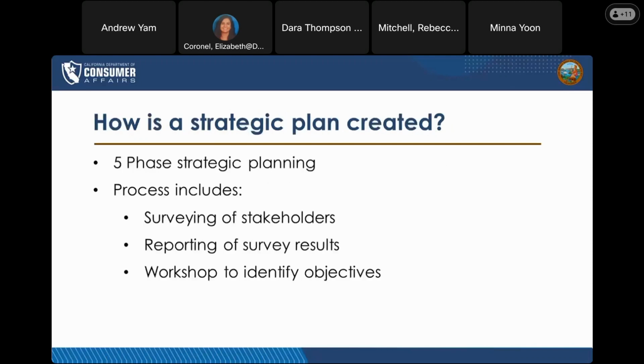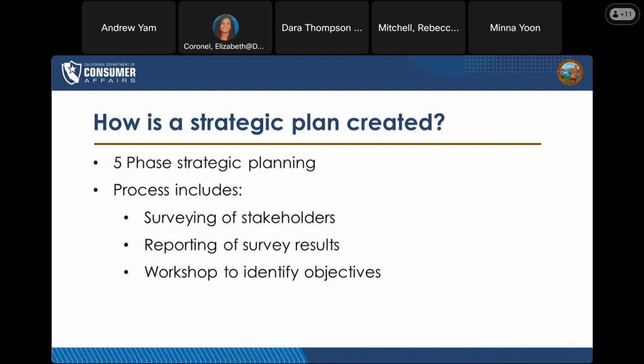How is a strategic plan created? Well, here at the Department of Consumer Affairs, we have a 5-phase approach, which includes the surveying of various stakeholder groups that are important to your board, a trends report of the stakeholder feedback received, and a facilitated workshop where we guide board members and the executives in identifying objectives for its plan.